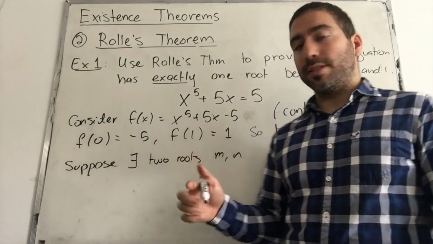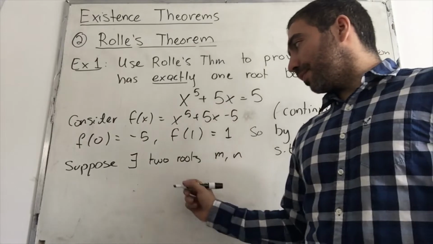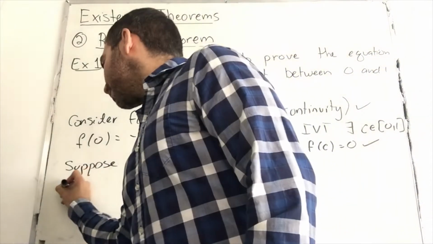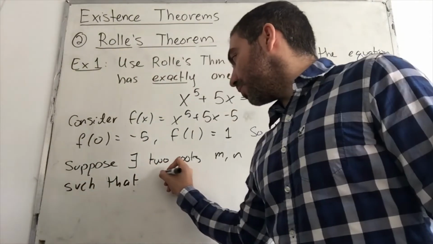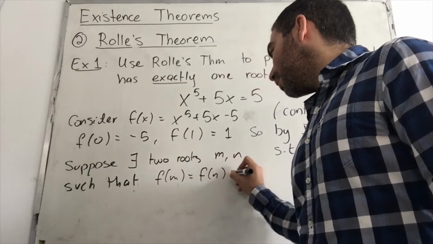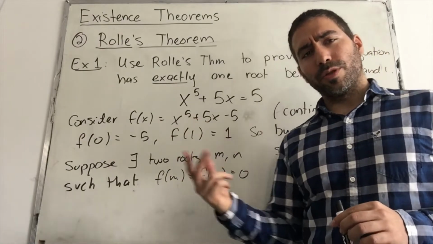If these are roots, this means that these are solutions to the equation up here. Suppose there exist two roots, m and n, such that f of m equals f of n equals 0. So suppose there's two of them.